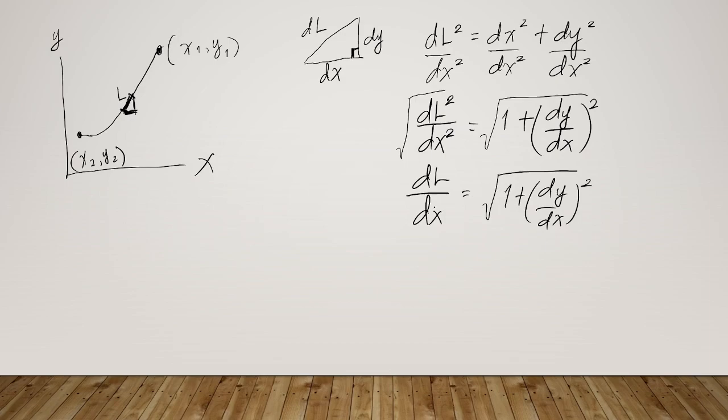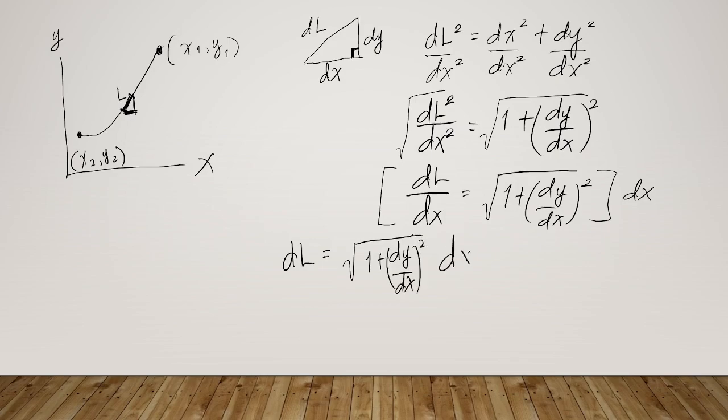And then after that, itong dx na to, mapupunta yan dito. Okay, multiply natin by dx. This will become dl is equal to square root of 1 plus dy over dx squared, then dx. Next, syempre, hindi change of L ang pinapahanap. Letter L daw, your length. Therefore, ang gagawin mo dyan is i-integrate mo.